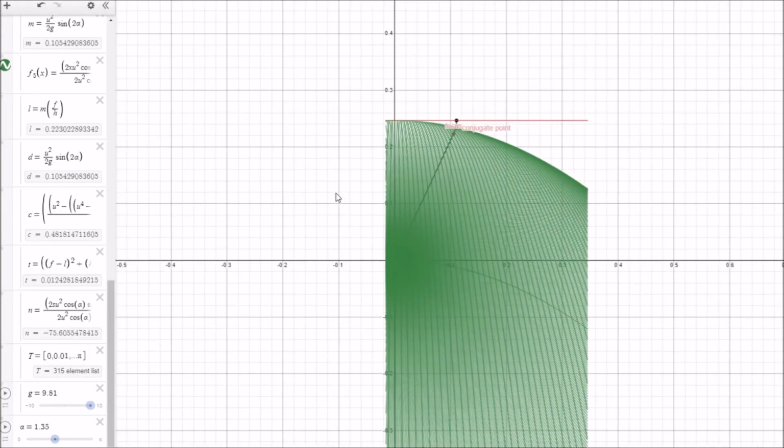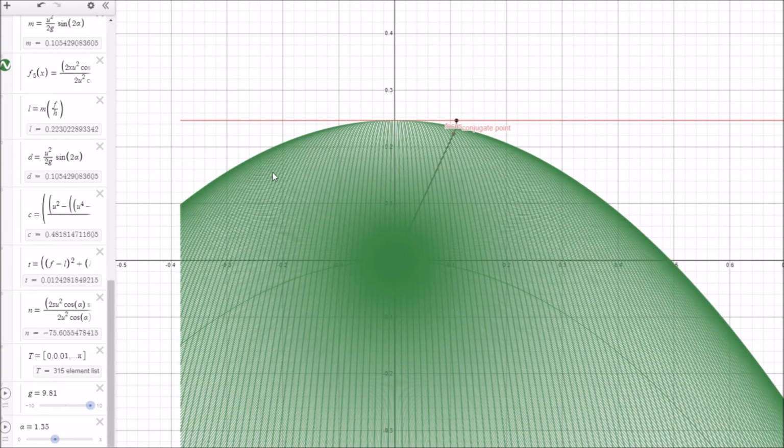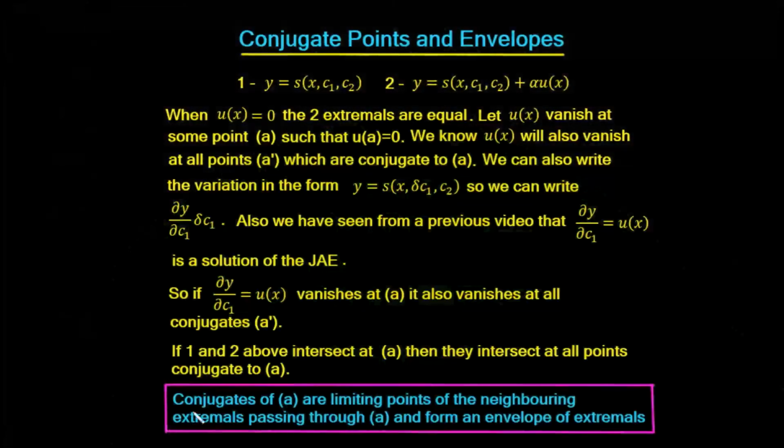It takes a second for it to render here. So there you go. That's given us a good graphical representation of the fact that the conjugates of the point a are going to be the limiting points of neighbouring extremals, that's as the extremals get closer and closer together, and they're going to form an envelope of extremals.